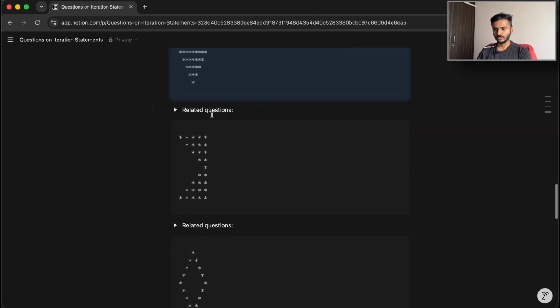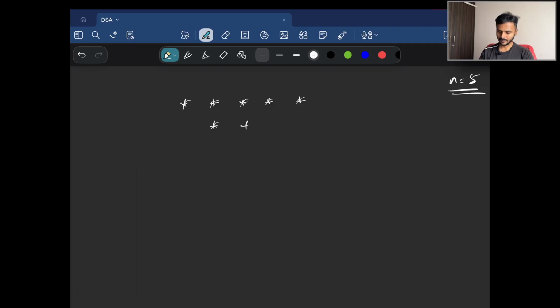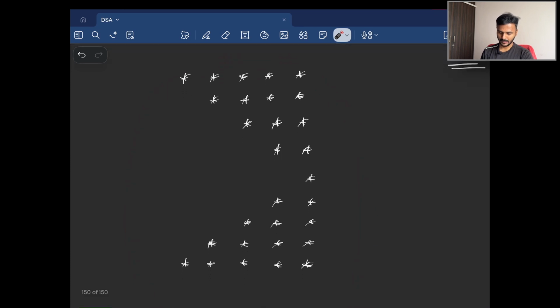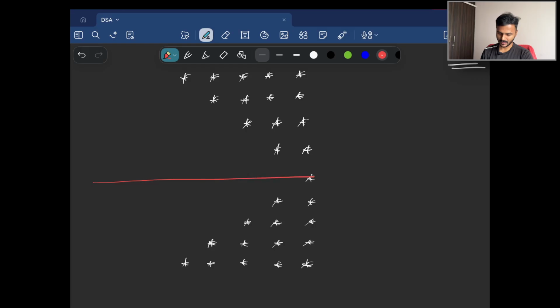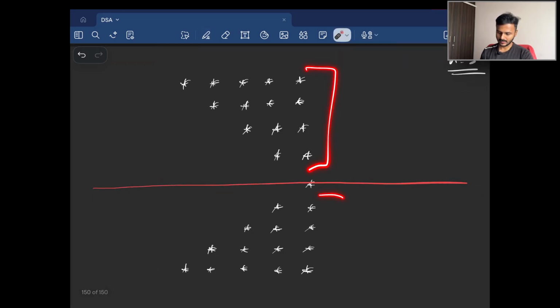Now moving on to the fourth question from the list. So for n equal to 5, this is what we are supposed to print, right? What we'll do next is draw a line which would split this pattern in two parts. And those two parts are these, right?